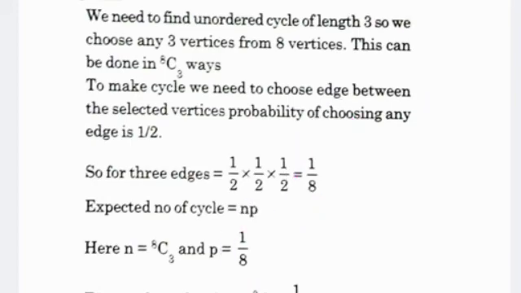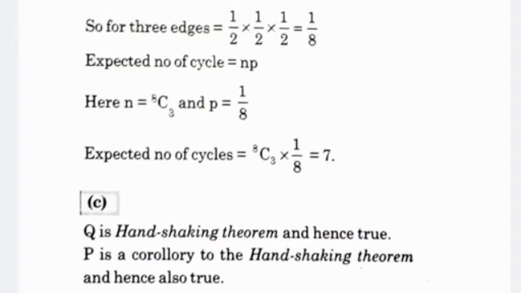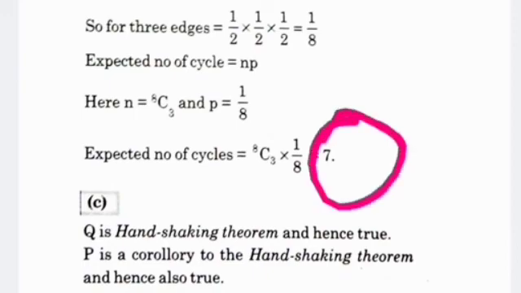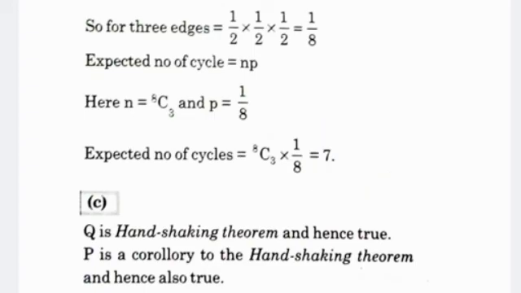Now putting the values of N and p in our equation, we get 7, which is the correct answer. Now come to the next question.